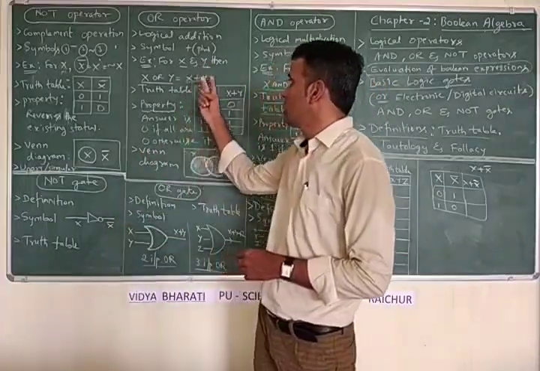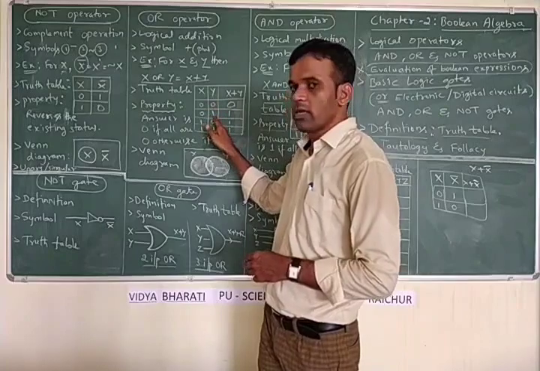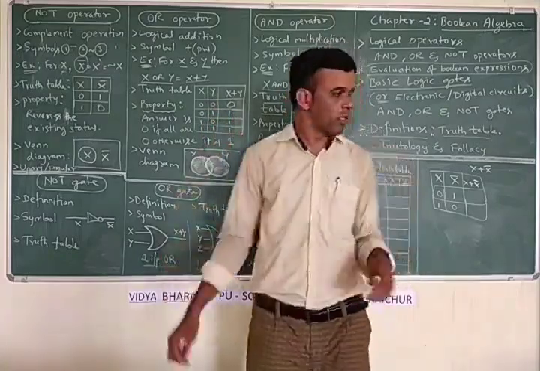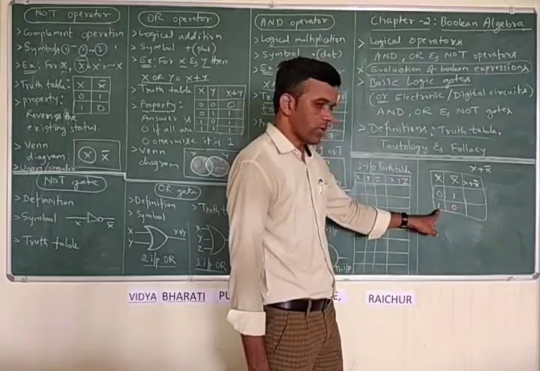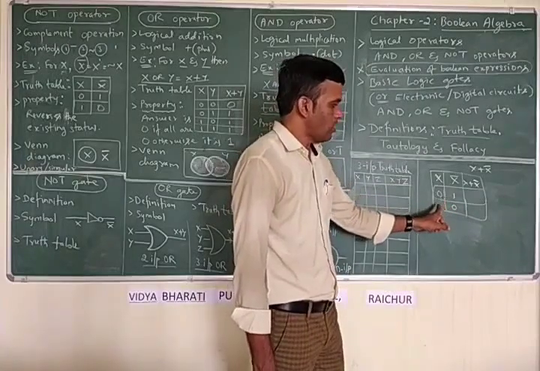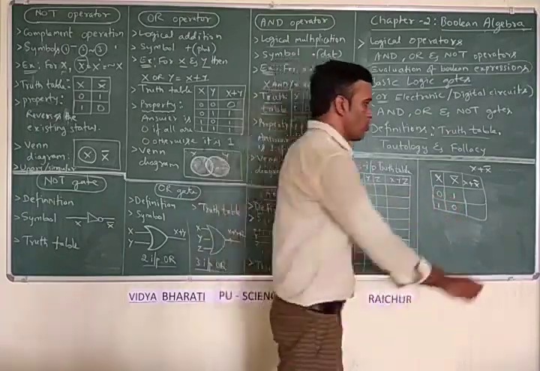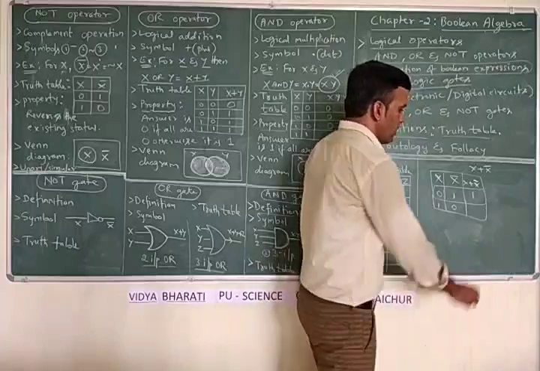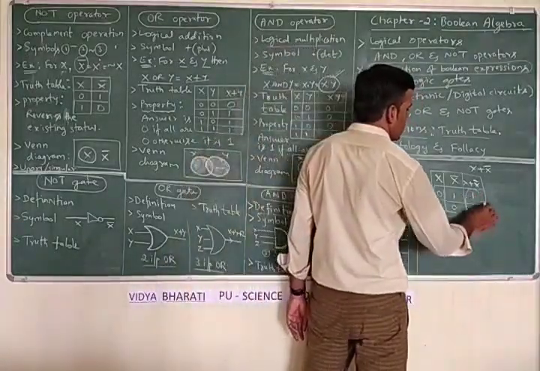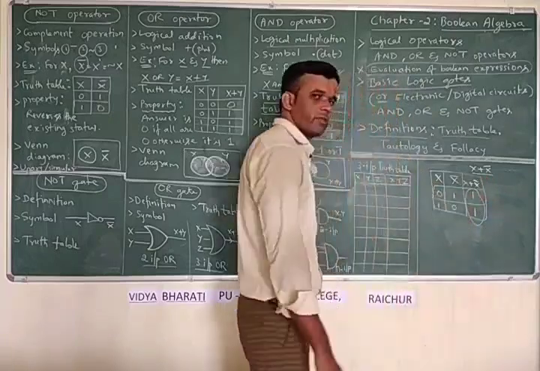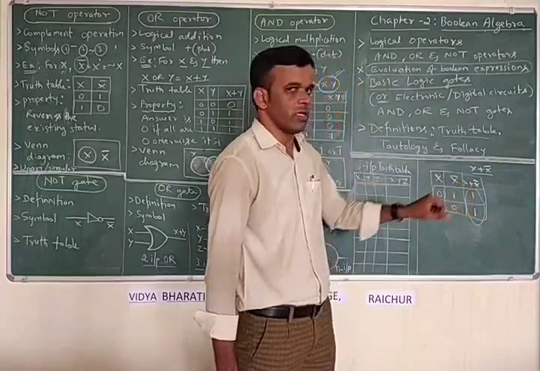From this truth table, if even one of the variables is 1, the answer is going to be 1. In the first row we have 1, in the second row we also have 1. This is the resultant column for x plus x bar, and all are 1. So this is a tautology.